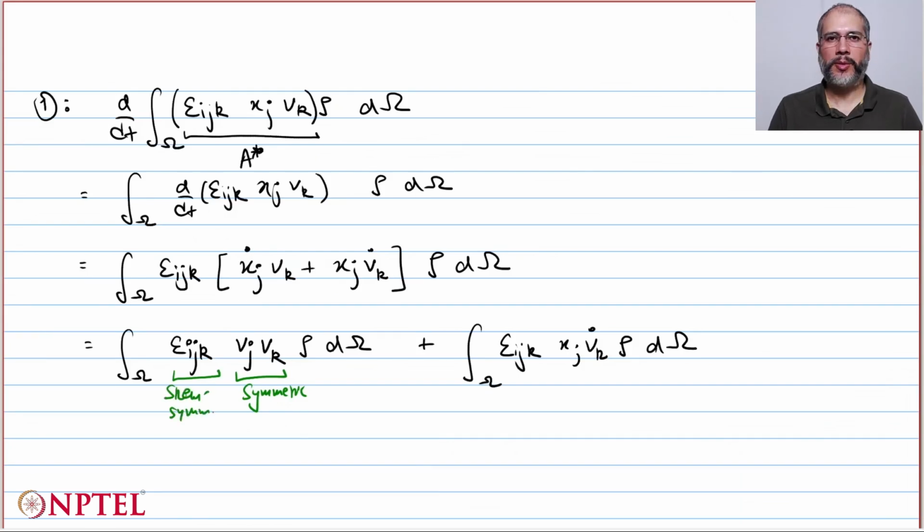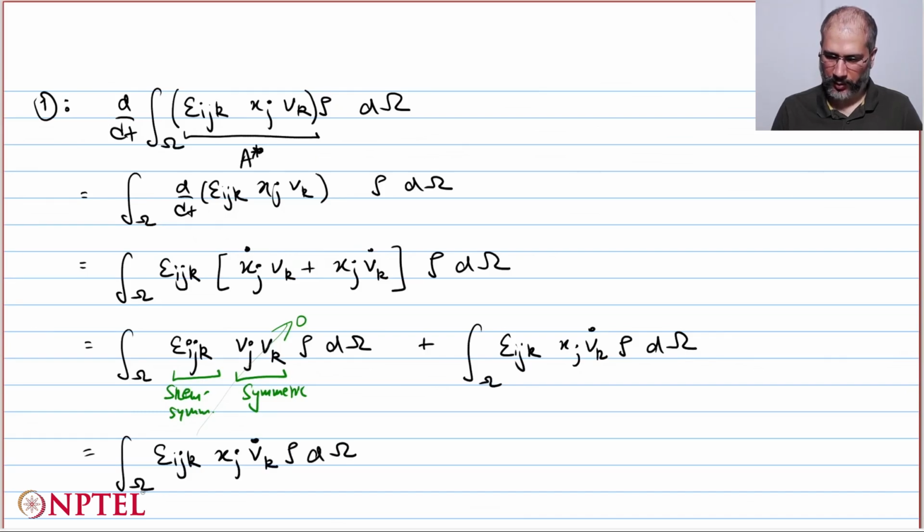And we know that a symmetric times skew symmetric is 0, so this becomes 0. So all we are left with is the second term, epsilon ijk xj vk dot rho d omega. So let's underline this, as we'll be substituting this later in the complete equation.